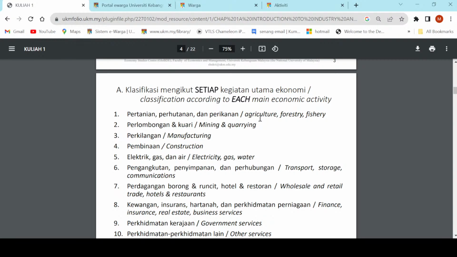Next is mining and quarrying. So many types of mining. Mining of metals, mining of oil, mining of stones, precious stones, but all mining. See, that's why I'm saying there are so many types of economic activities, but they are grouped together, classified together as a main, another main.